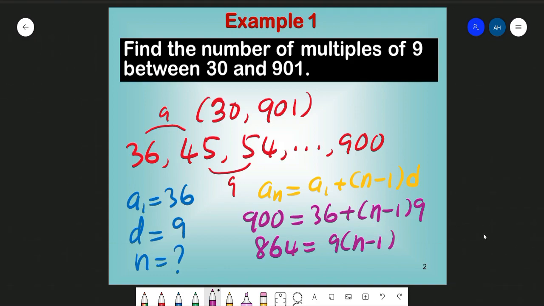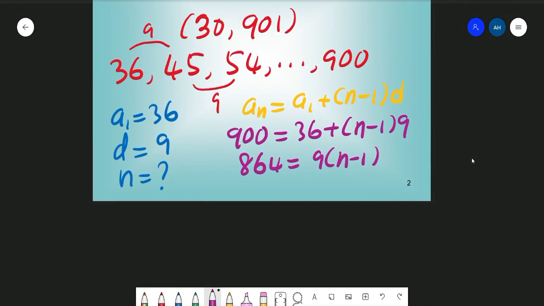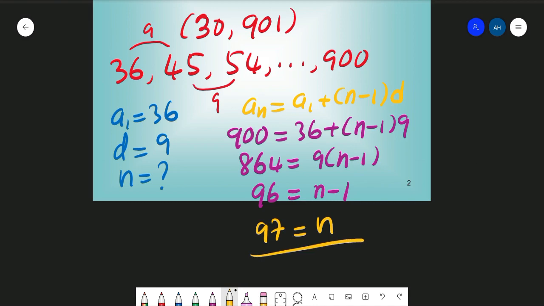Now let's divide 864 by 9. We have 96. So 96 equals N minus 1. To find N, we add 1 to 96, that is 97. So we have N equal to 97.